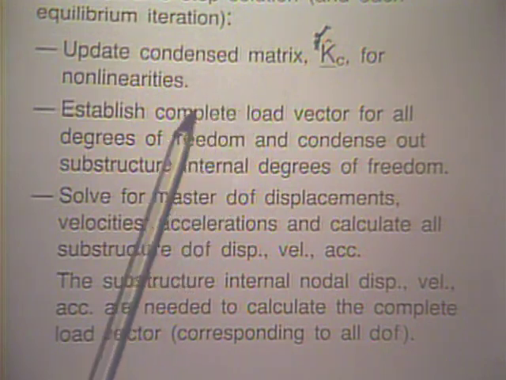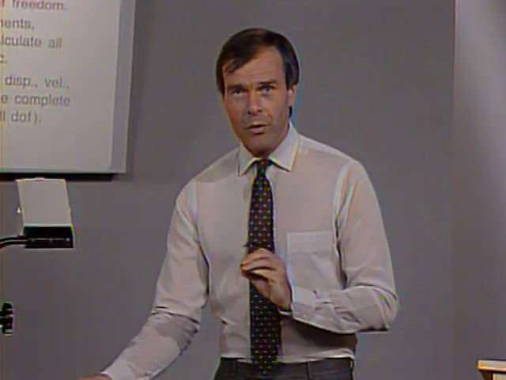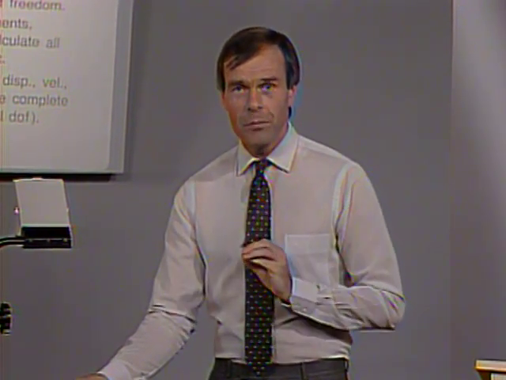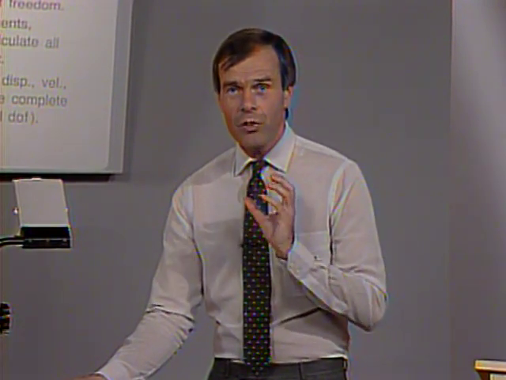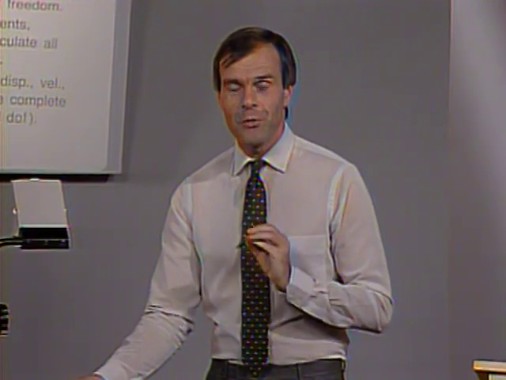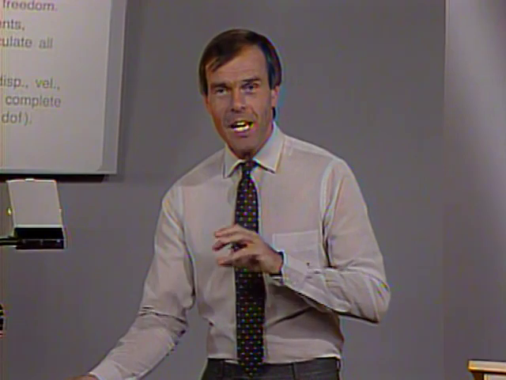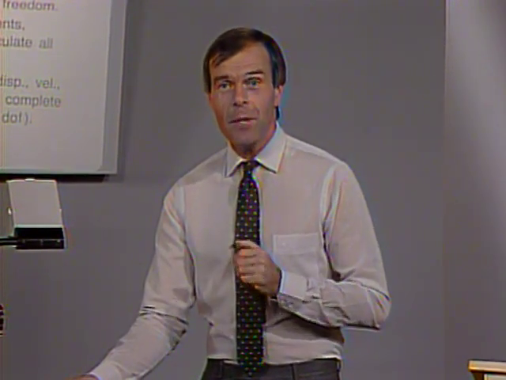This is important to recognize. We have to calculate the complete load vector because of the inertia effects on the internal substructure degrees of freedom. The inertia forces on the internal substructure degrees of freedom carry forces to the master degrees of freedom that we have to take into account in each time step and in each equilibrium iteration.